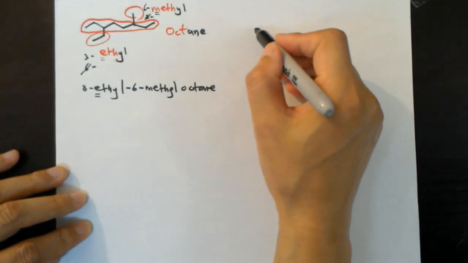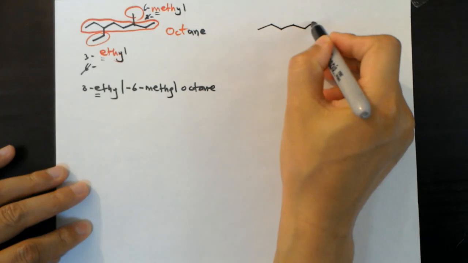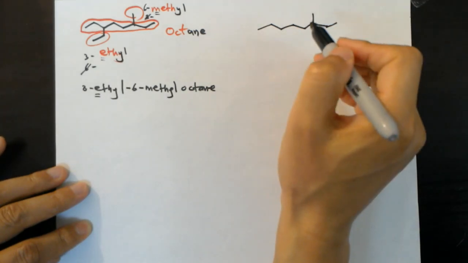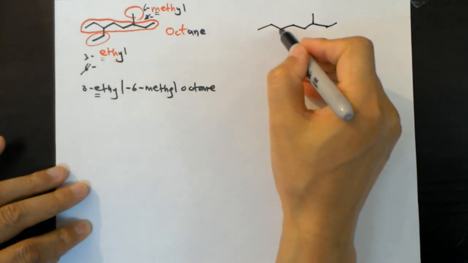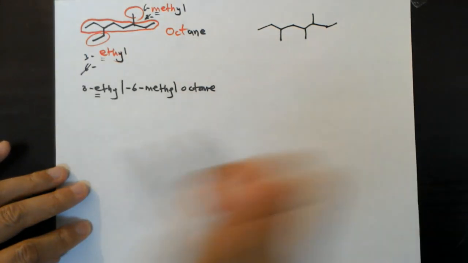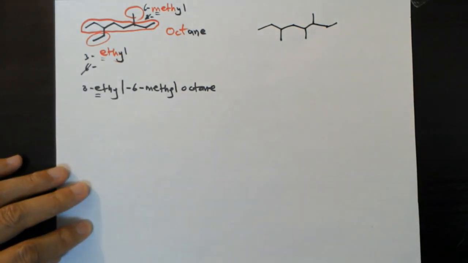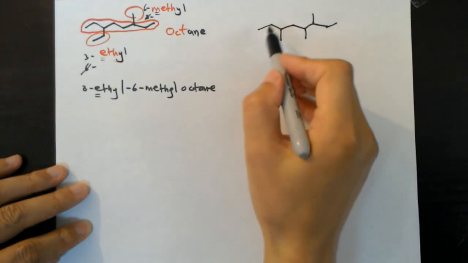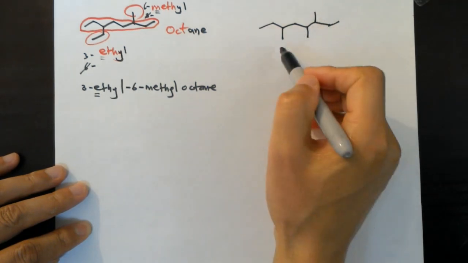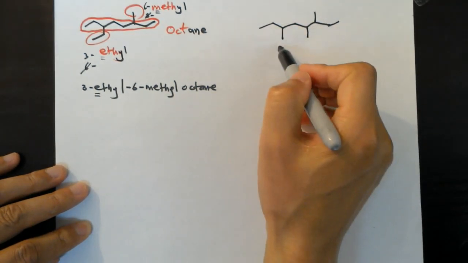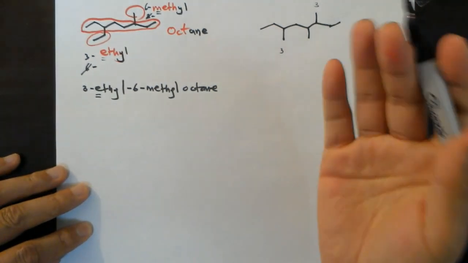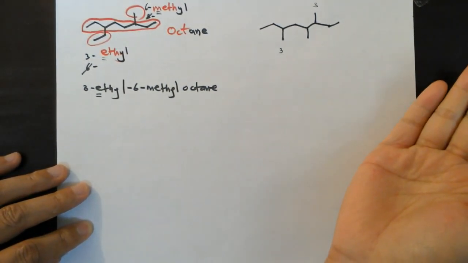You can think of examples like this, very similar. I'm just making it up. So if you have to number this one, you get the point. Same octane. You have a methyl, getting number 3 either way. So it doesn't matter because they're same methyl. Then what would you do? Well, you guessed it.